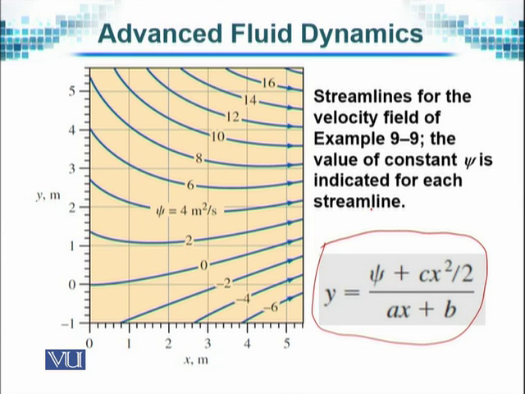We determined that psi, and from that psi we were asked to draw the velocity field, the streamlines, and we have drawn here for different values of psi, and you can see that this is the flow field, this is the picture that we see.